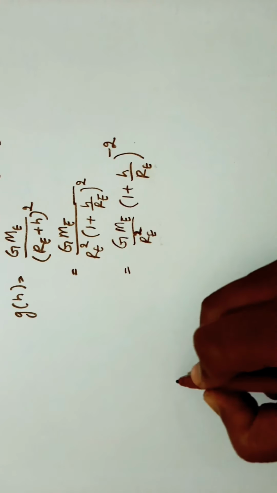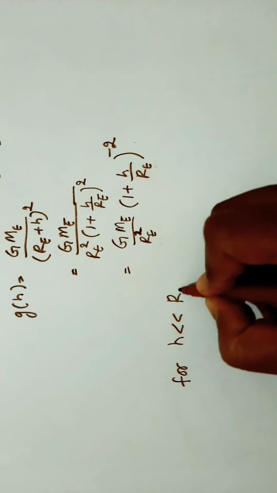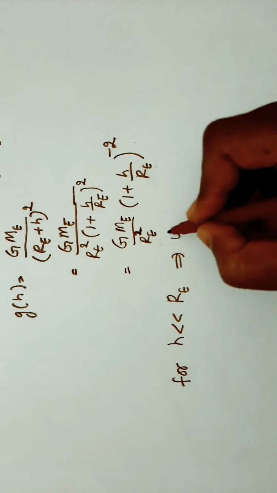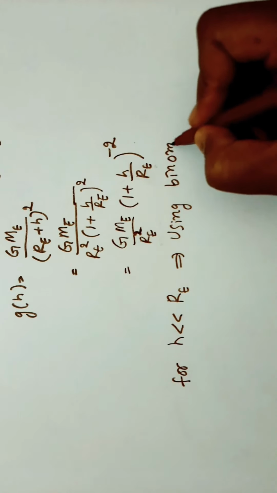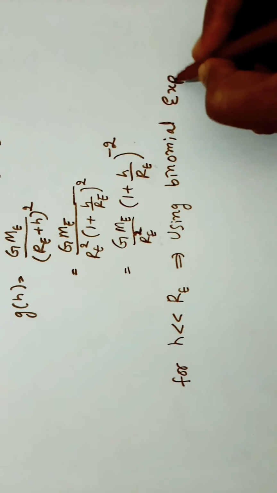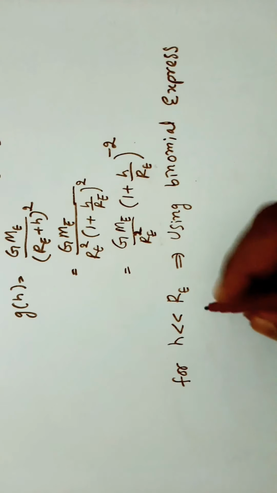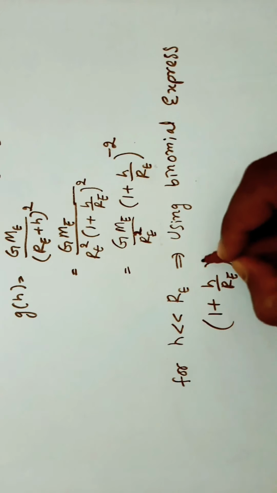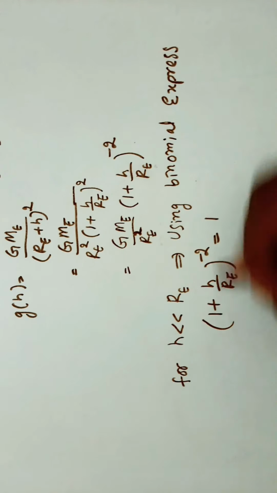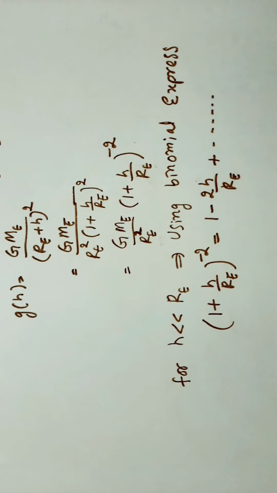For h very much less than Re, using the binomial expression, 1 plus h by Re whole to the power of minus 2 can be written as 1 minus 2h by Re plus higher terms.